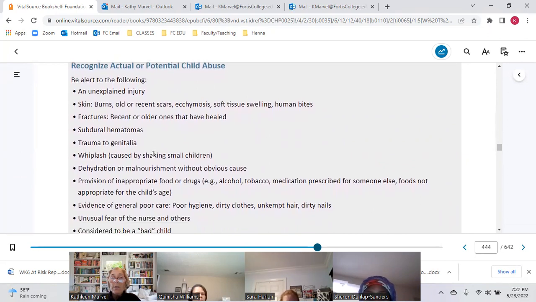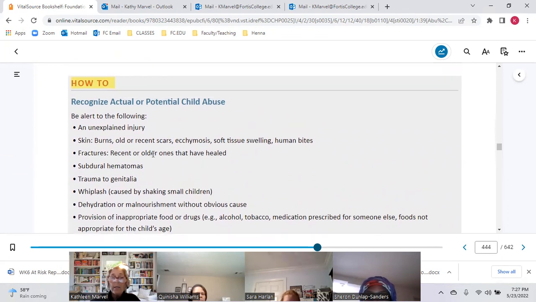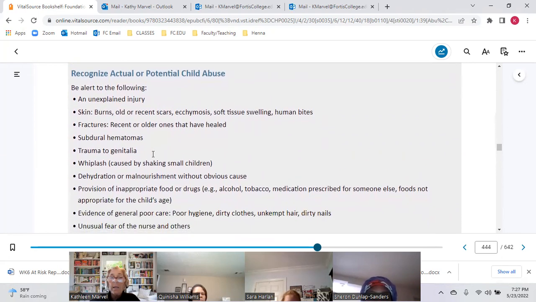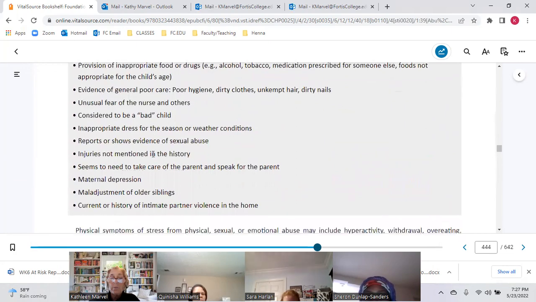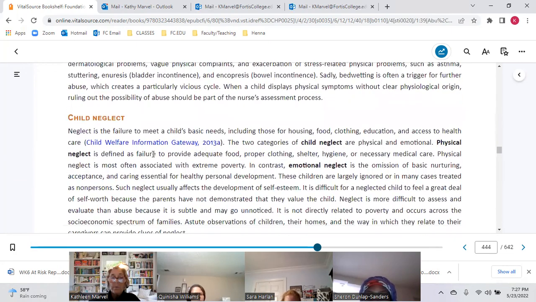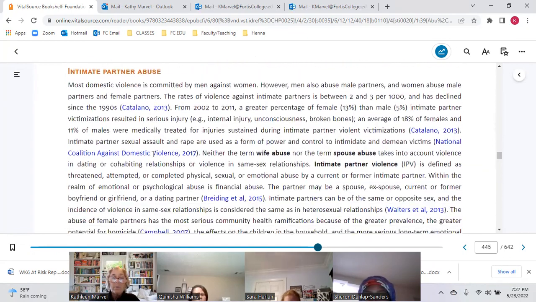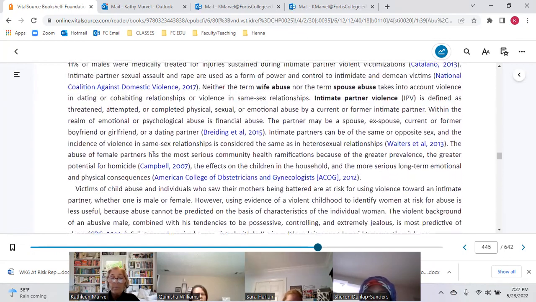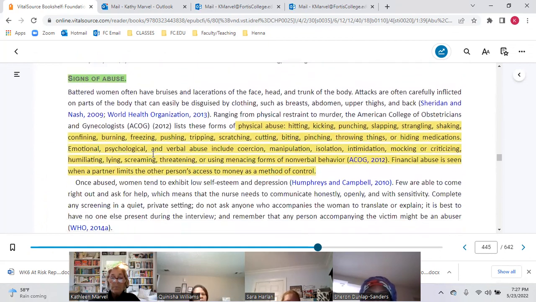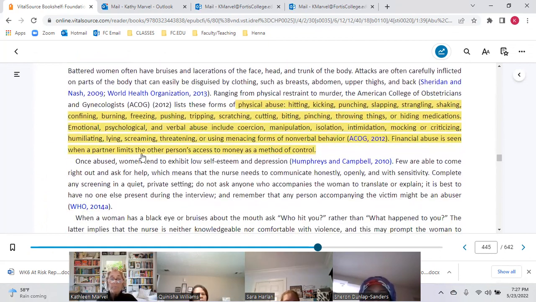I had to teach and train on this all the time with the staff in my schools. How do you potentially recognize actual or potential child abuse? They talk about child neglect, child abuse, intimate partner abuse, signs of abuse: hitting, kicking, punching, slapping. Go through and read all these. There's so many. Psychological and verbal abuse.